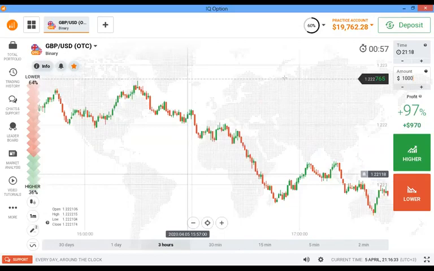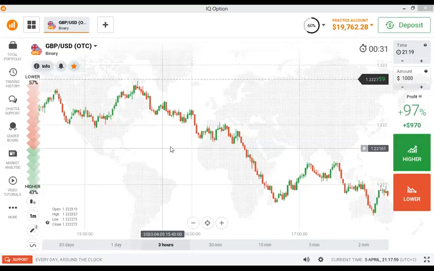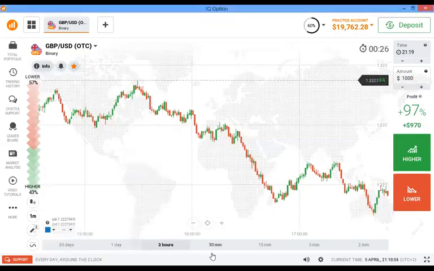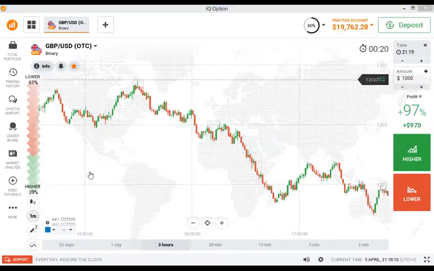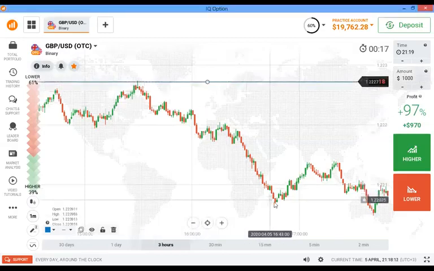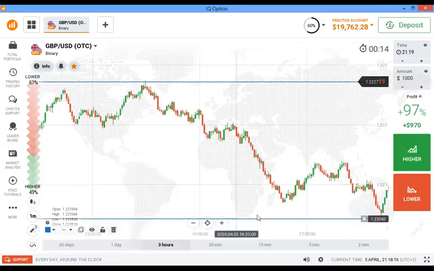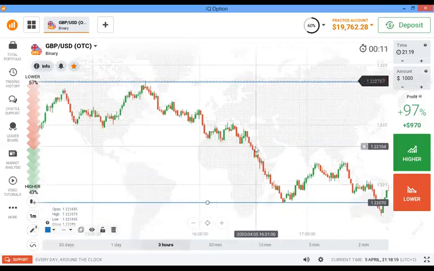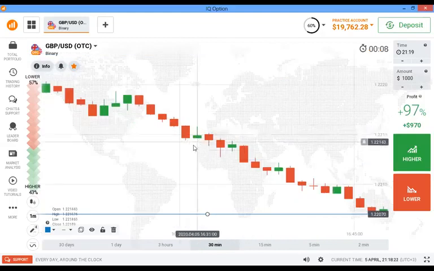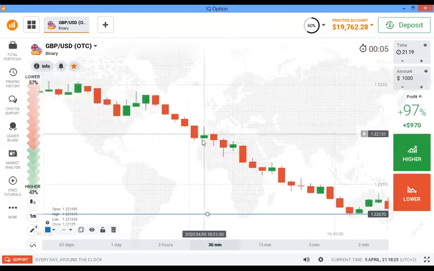Starting from this point here, and it ended here, all these weak bullish candles that you are seeing in the middle of the trend are weak.